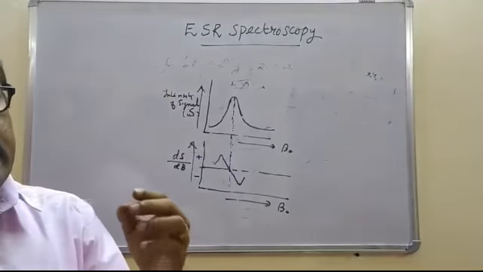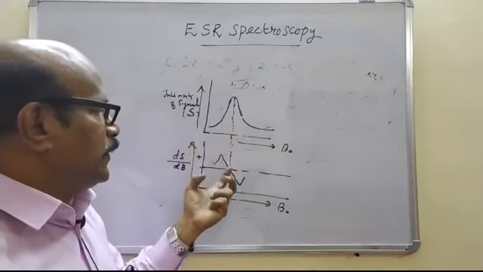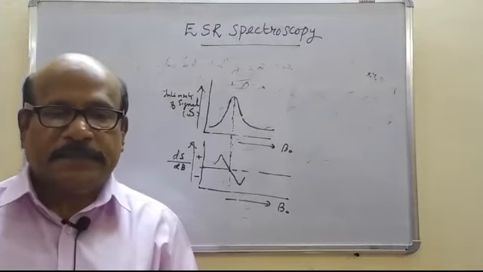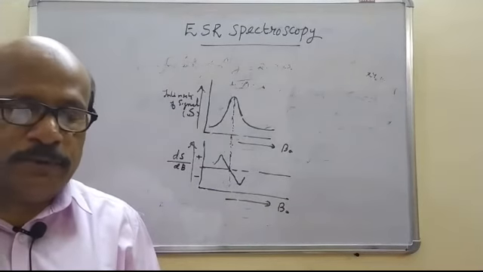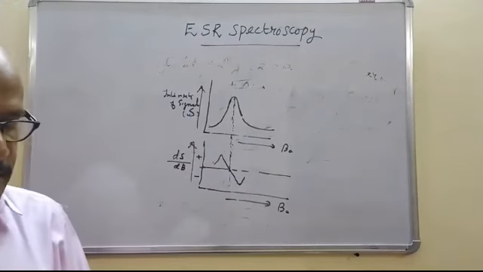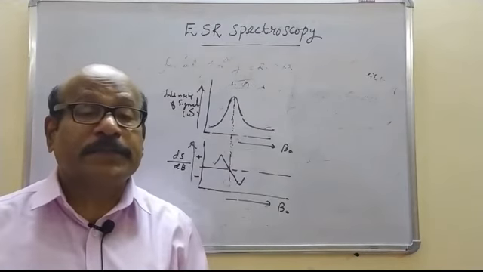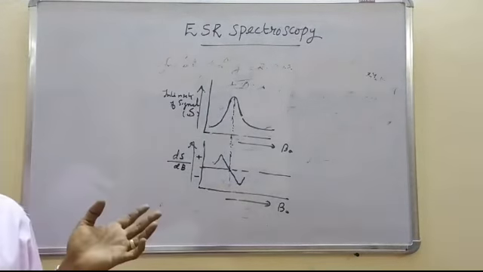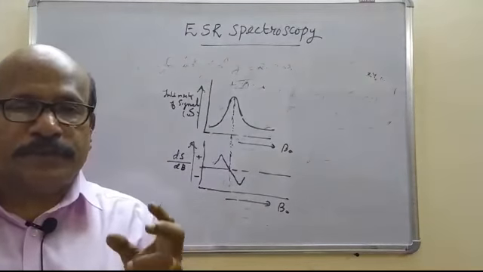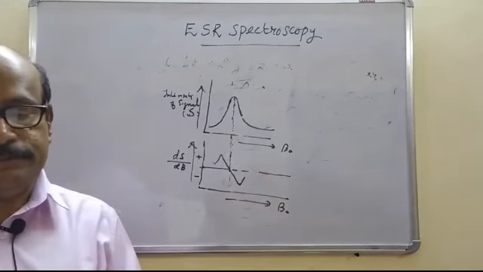Instead, the area under the peak, in both the absorption curve and the derivative curve, represents the total number of unpaired electrons present per gram of the unknown sample.